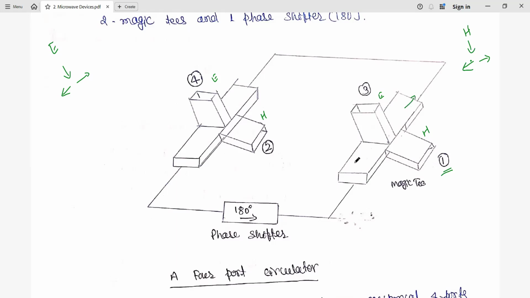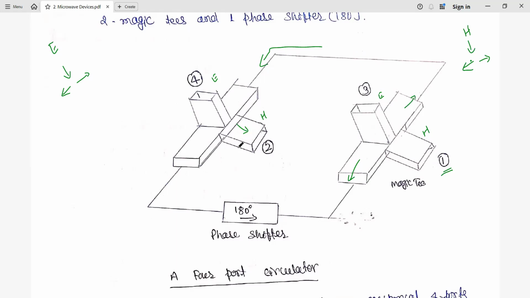Now what will happen? In the collinear arms, it is going to appear without the phase shift. So the same information we are going to get in this collinear arm also. And from this again, there is no phase shift going to occur, so the same signal appears from 1 to 2.